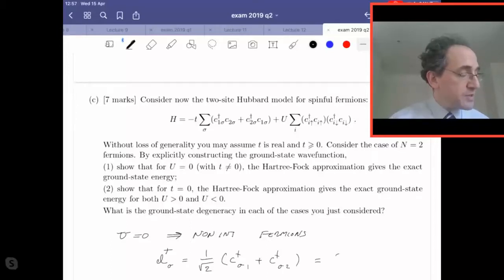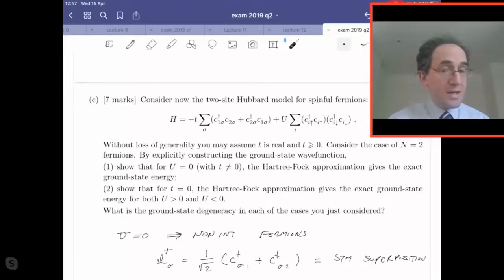This is a symmetric superposition of the 2 sites, which is just the ground state. If t is positive, that's the ground state of this hopping Hamiltonian only.